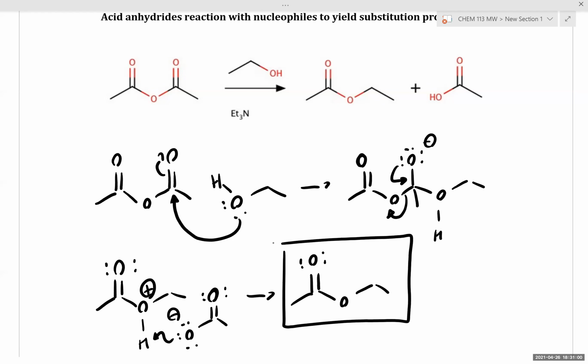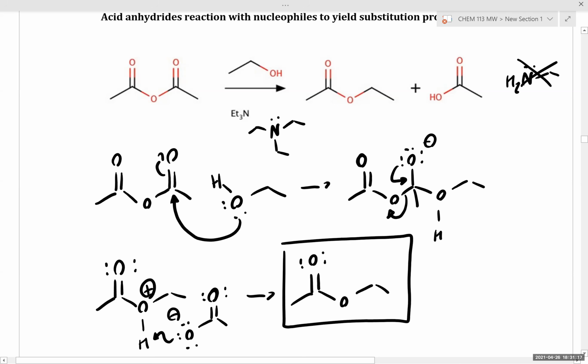Would anyone like to comment on why triethylamine is used as the base in this case, while something like ethylamine would not be okay? What's a problem with using something like ethylamine for this reaction?